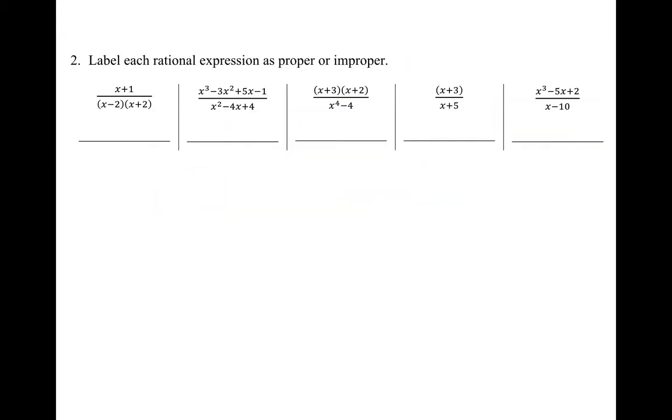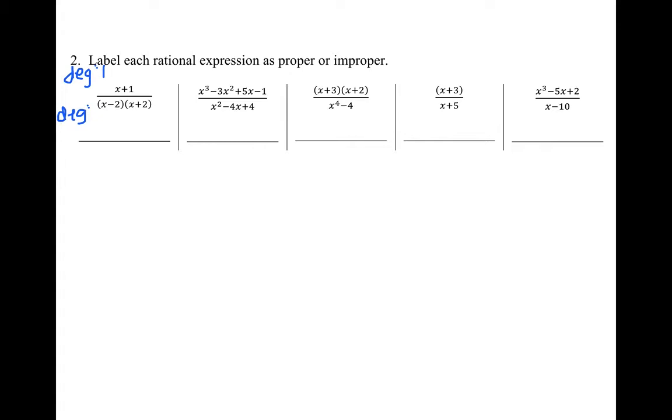So I want to label each of these as proper or improper. For the first one on here, we're going to look at the degree of the top and compare it to the degree of the bottom. Well, on top, my biggest exponent is 1. On bottom, this is in factored form, so I'm not going to just look for the biggest exponent.